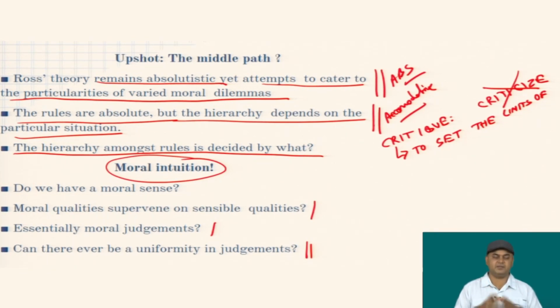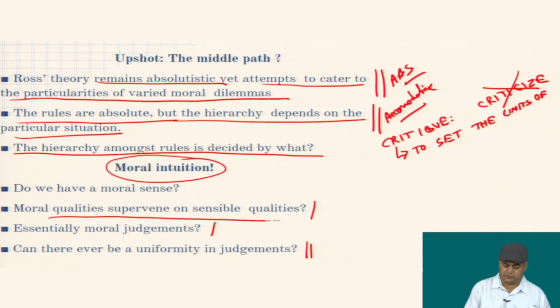So, when I critique the prima facie duties theory, one point is: how does one recalibrate or apply the moral rules given by Ross? Do we have a moral sense? Do moral qualities supervene on sensible qualities? Are we essentially making moral judgments? Can there be a uniformity in judgments?